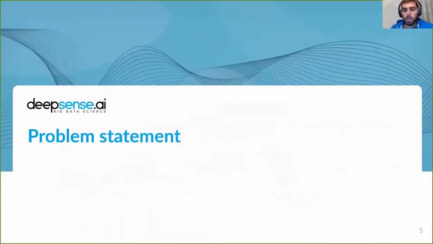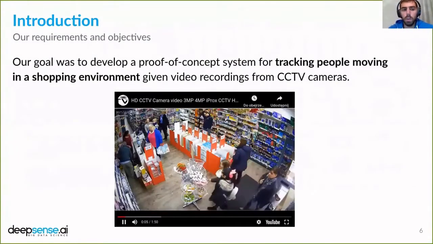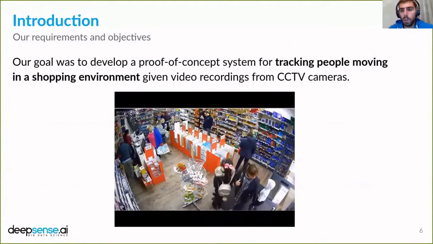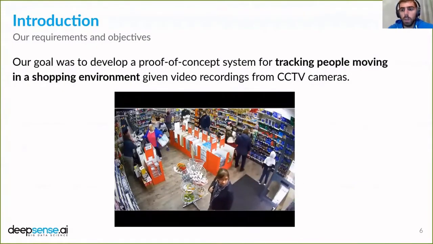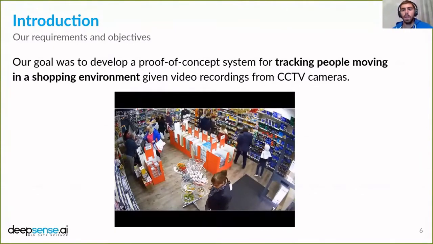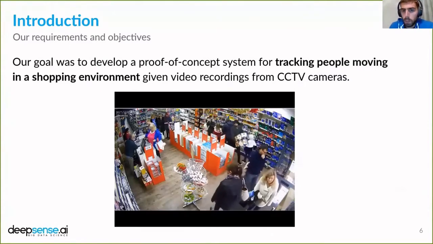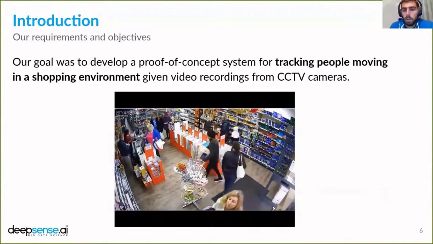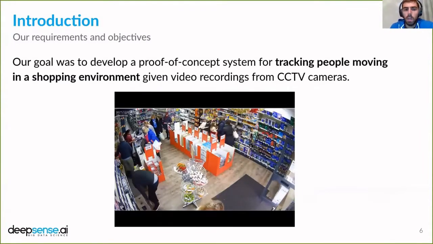Let's move to the main part of the presentation, and let me briefly introduce you to the topic. Our objective in the project was to develop a proof of concept system for tracking people in a shopping environment who are being recorded by so-called CCTV cameras, or actually multiple CCTV cameras, also known as surveillance cameras.